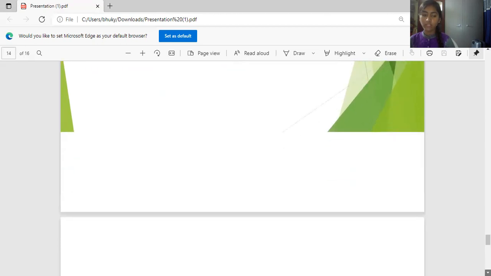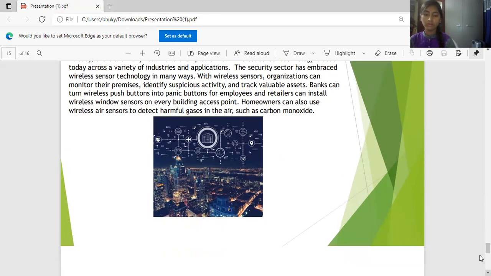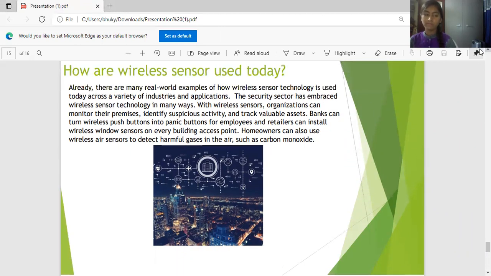Now let's see how wireless sensors are used today. Already, there are many real-world examples of how wireless sensor technology is used today across a variety of industries and applications.